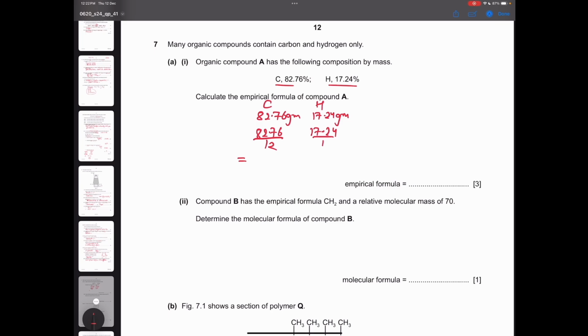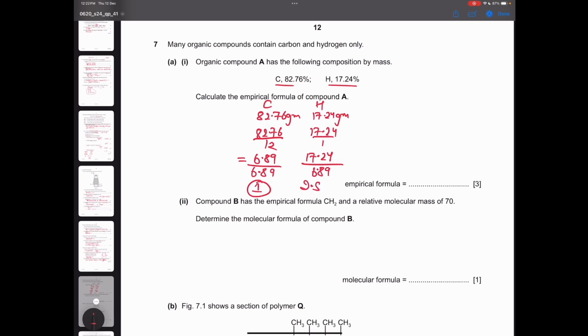82.76 divided by 12 is coming out to be 6.89, and this will stay 17.24. Now what is the next step? Divide with the smallest number of moles. So 6.89 divided by 6.89 will give us 1. 17.24 divided by 6.89 is coming out to be 2.5.